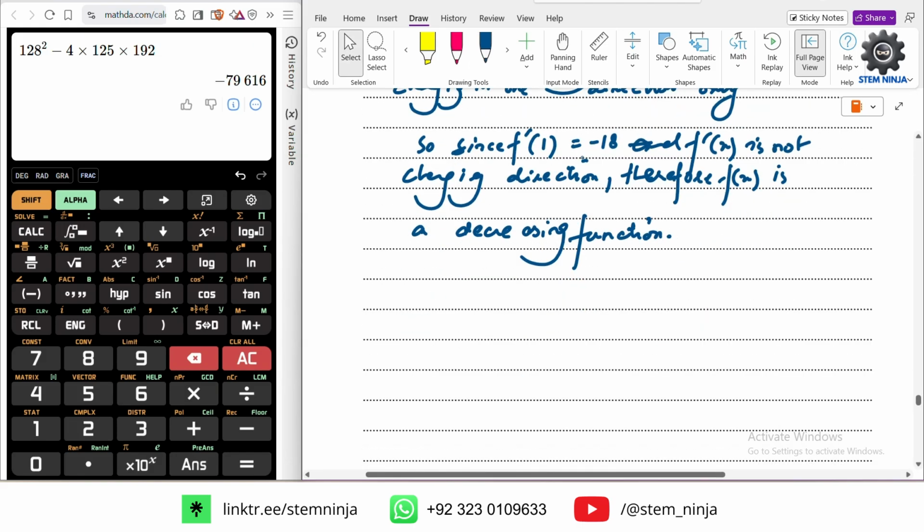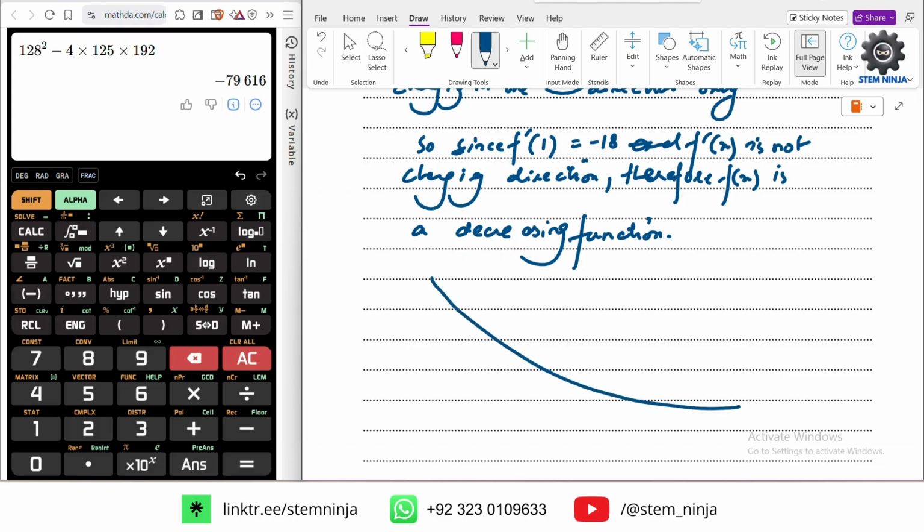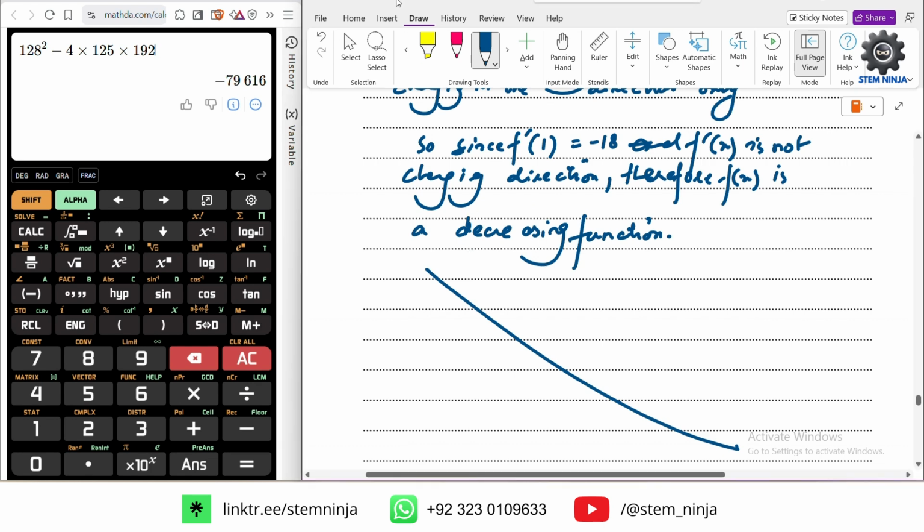Right? So basically what's happening is sort of like this, not a straight line, but the function is decreasing. Either it's this way or like this way, but it's still decreasing.